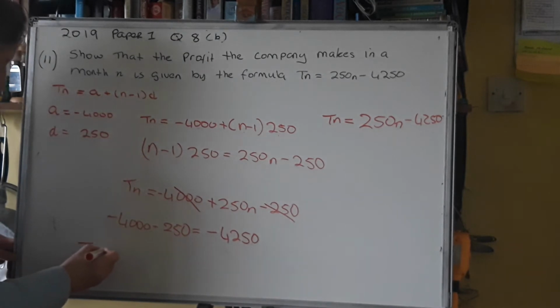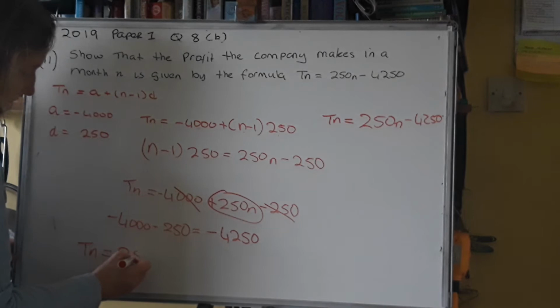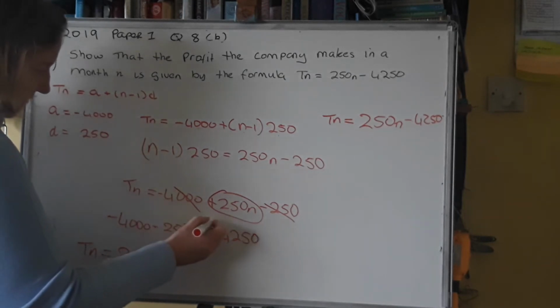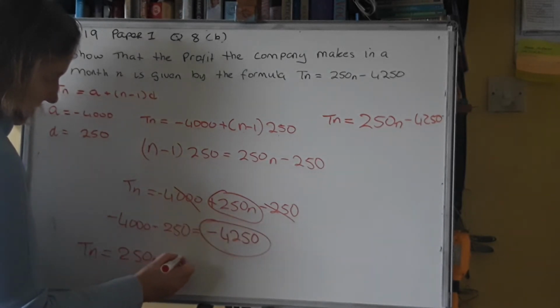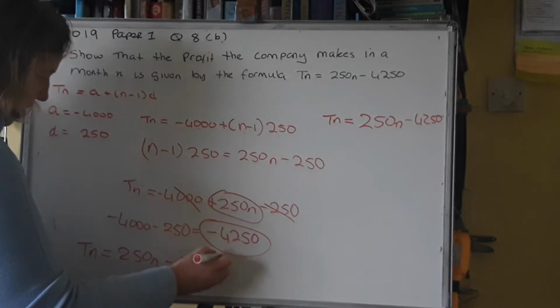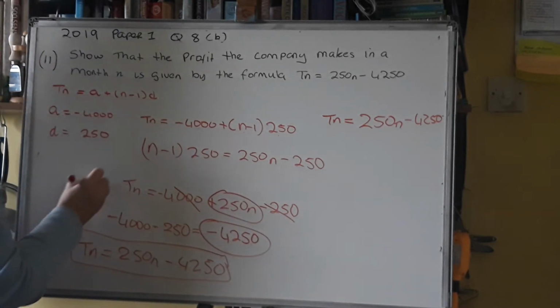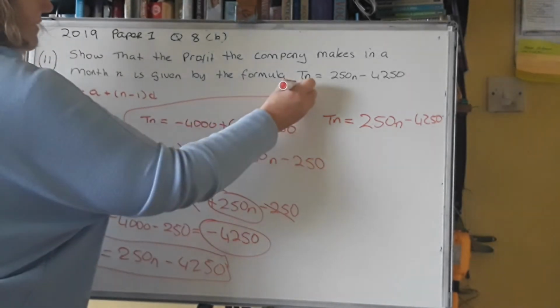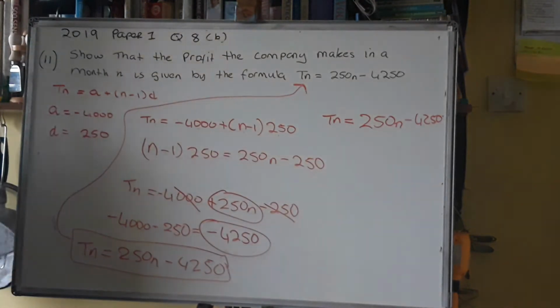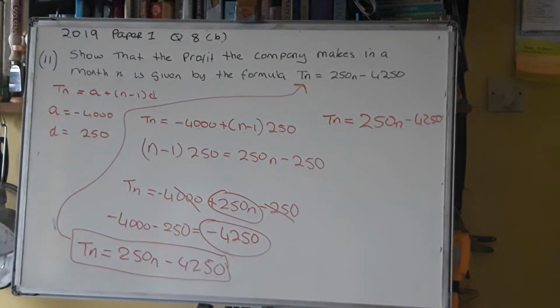So Tn equals 250n minus 4,250. And we have shown that Tn is that. Okay? And that's how you do that one. Don't let it freak you out. It's easy. Just move things around.